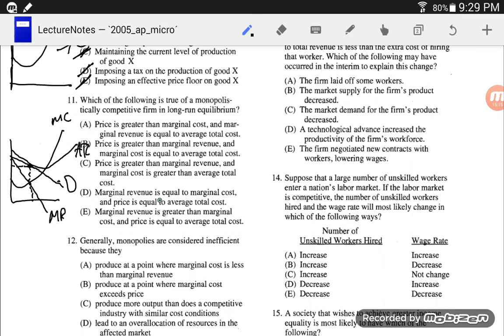Marginal revenue is equal to marginal cost. Yep, we always produce at marginal revenue equal to marginal cost. And price is equal to average total cost. Yeah, that is that point there. So D is the correct answer. Marginal revenue is greater than marginal cost. No, it's equal to. We always produce until marginal revenue equals marginal cost.